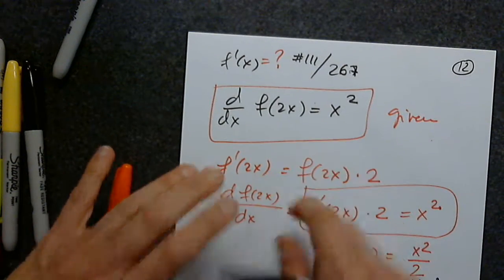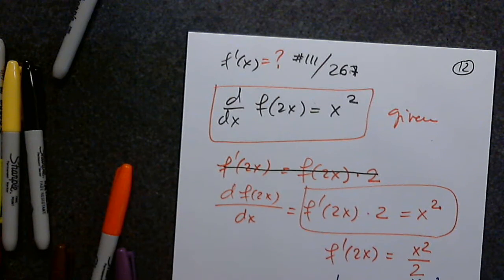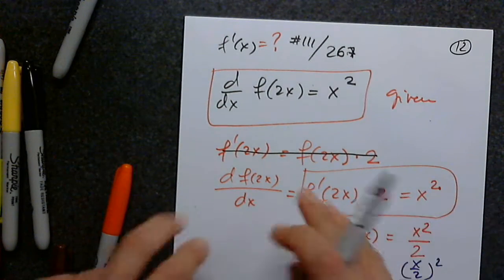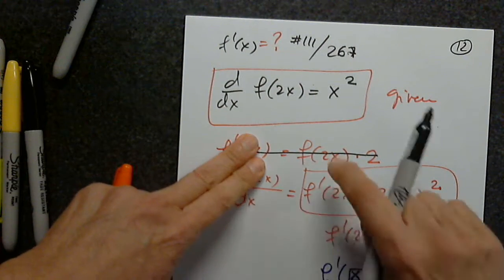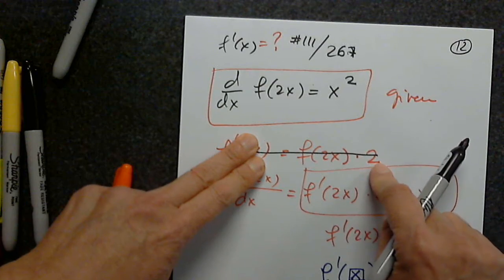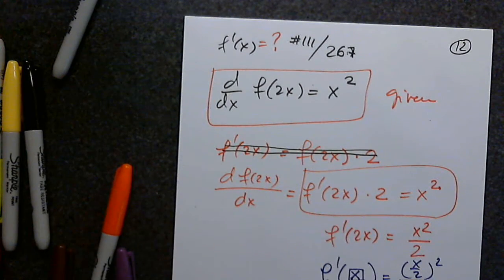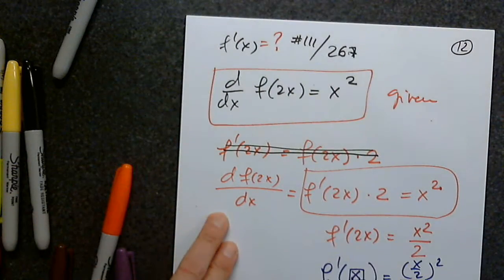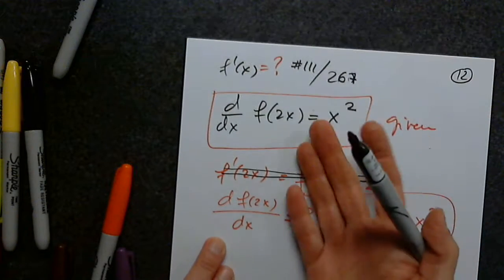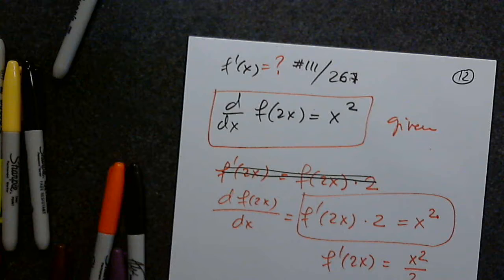This is really the same thing, but I really didn't want to write this because the derivative of the function of 2x is f prime of 2x times 2. So I didn't like this notation because I would say it's incorrect, period. So I had to use this in order to explain what I'm doing. So it didn't actually go anywhere. You were just rewriting it. Yes, but it's not correct. So I should remove it completely. Thank you.